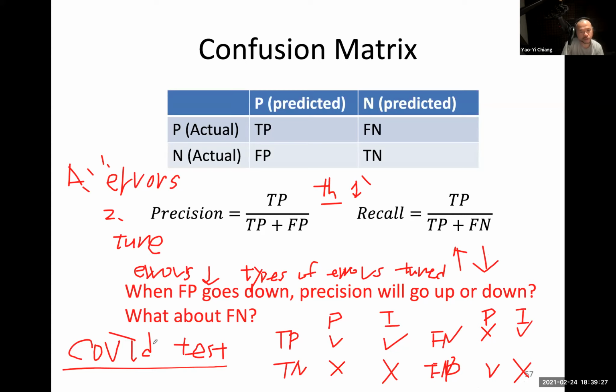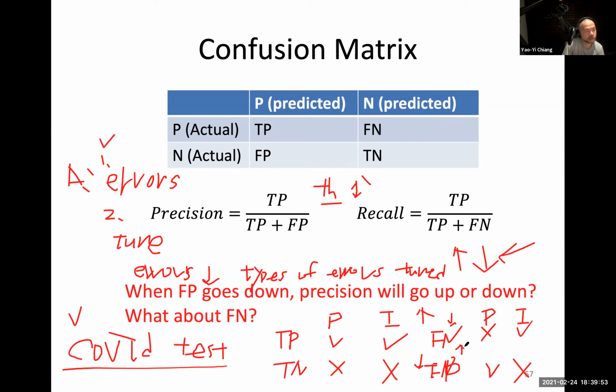So what do you want to do if you're administering this test? Do you want to have more false negatives or more false positives? Remember, our assumption is there are always errors, so you cannot ignore them, right? How do you want to change your threshold? Do you want higher FN and lower FP, or lower FN and higher FP?